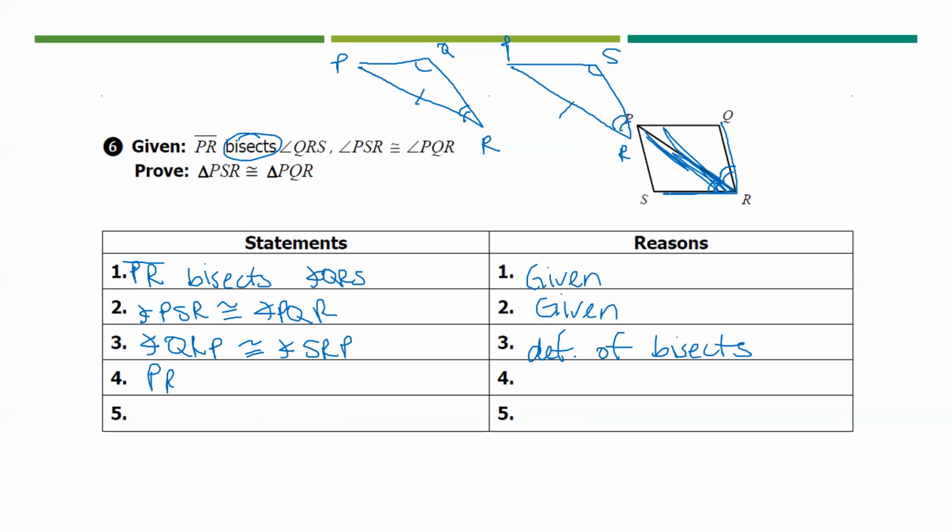So we can say that PR is congruent to PR. That's the reflexive property. Man, that one comes up a lot, doesn't it? Now I've got 2 angles that are congruent to 2 angles in the other triangle and a non-included side. So I can say that triangle PSR is congruent to triangle PQR by angle, angle, side.